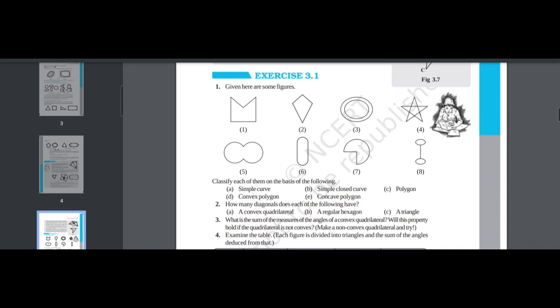On the next one, it is a polygon, it is also a simple closed curve, and it is also a convex polygon because all the sides are outward. So it gains three names. You can use these three names for the second diagram.